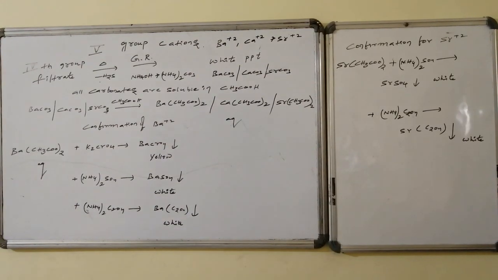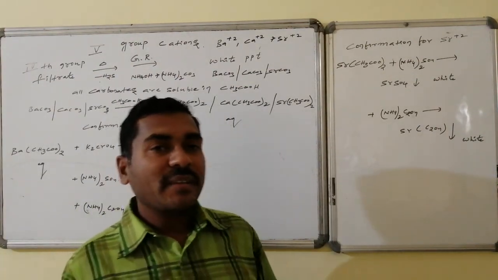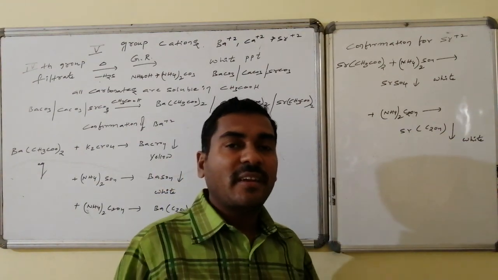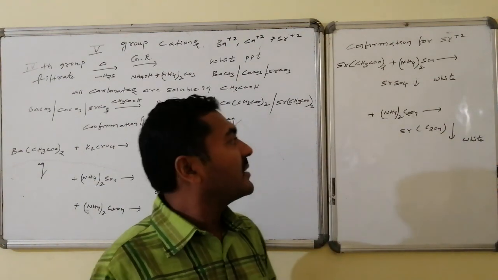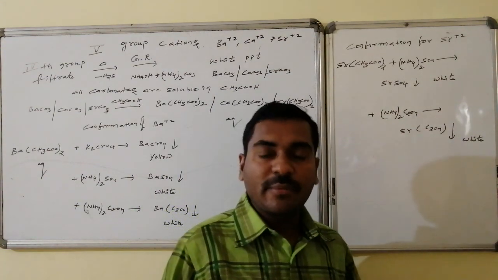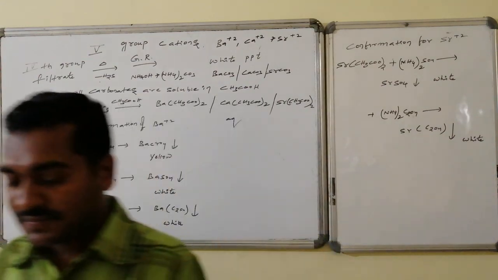Similar to that of barium, now the discussion is related to strontium. Strontium acetate, which is an aqueous solution, on reaction with ammonium sulfate gives strontium sulfate, the white PPT. Similarly, on reaction with ammonium oxalate, strontium oxalate, white PPT formation takes place, confirms the presence of strontium.